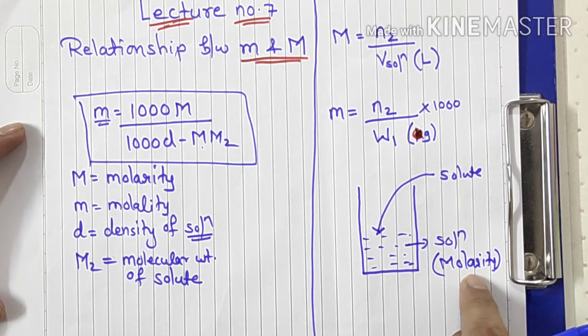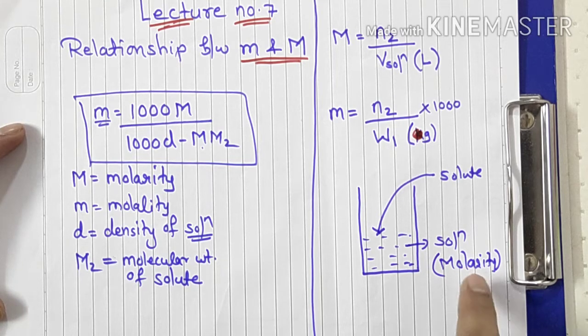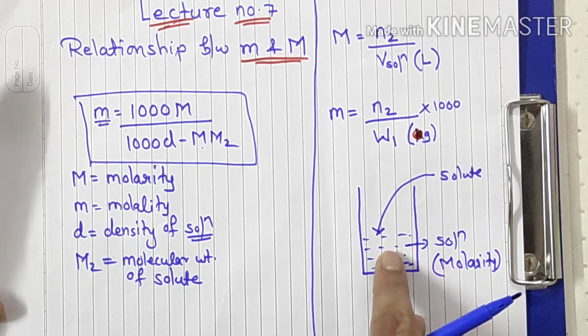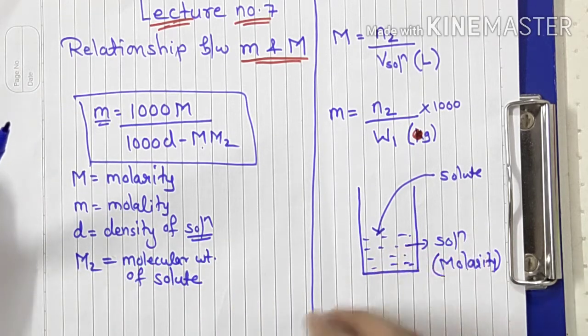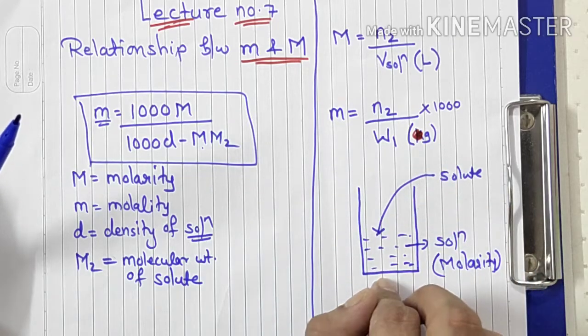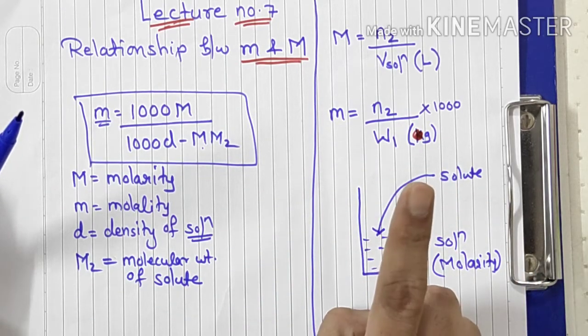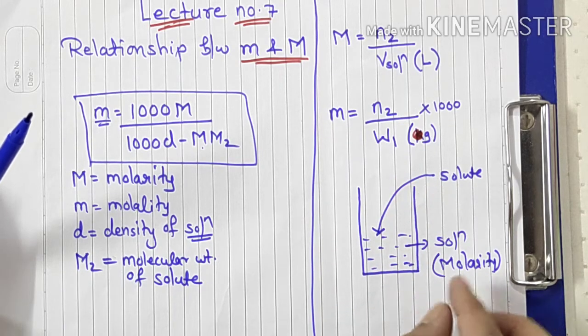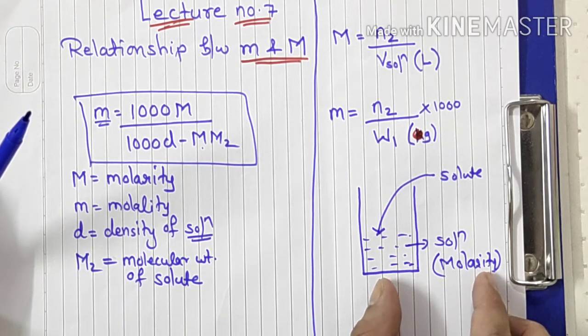Suppose I prepare a solution of let's say 2 molar, right? So what does it mean? It means that per liter of the solution contains 2 moles, right? If I say molarity is 5, then the number of moles will be 5. If I say molarity is 1, then the number of moles will be 1. Clear? So it depends upon what is molarity.